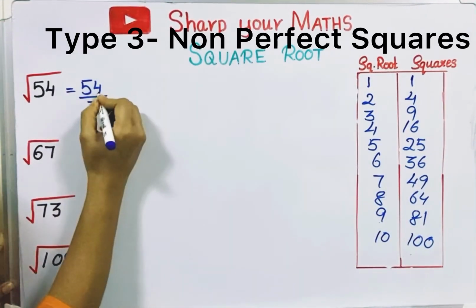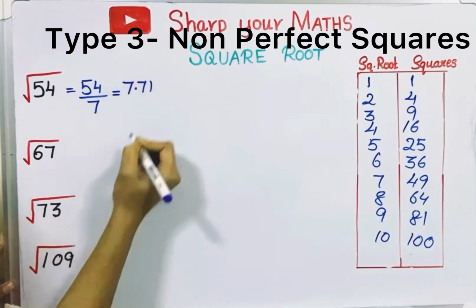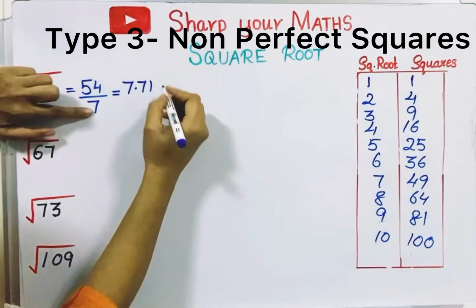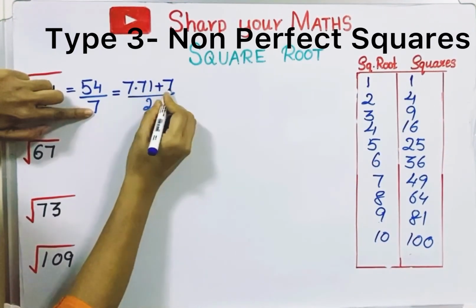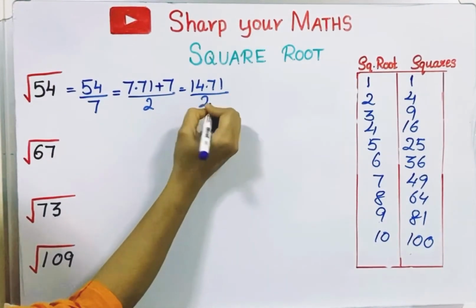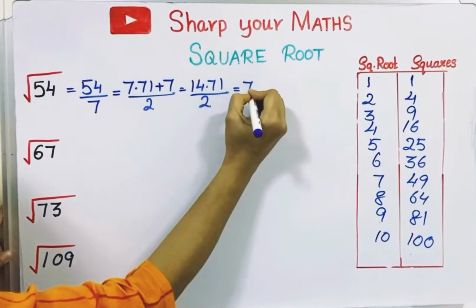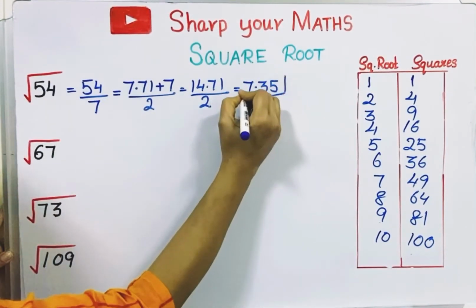Next, divide this 54 by 7, which will be equal to 7.71. Next, again take this 7, add it with this, then divide by 2. If you add this, you will get 14.71. Then divide it by 2. So you will get the answer 7.35, which is the square root of 54.